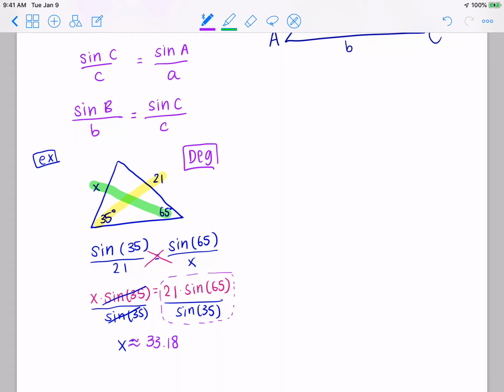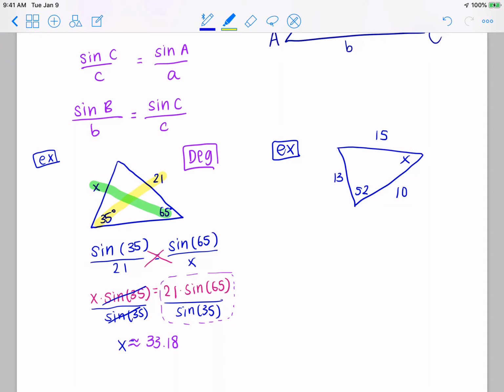Okay, next example. I can set this example up and then you try to do it on your own. 10, like that. Sometimes they would give you extra information and then you have to decide what you really need.